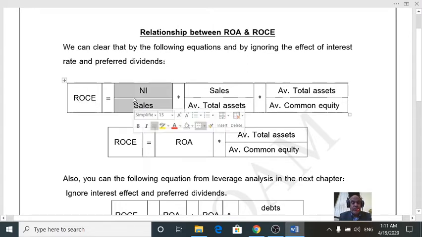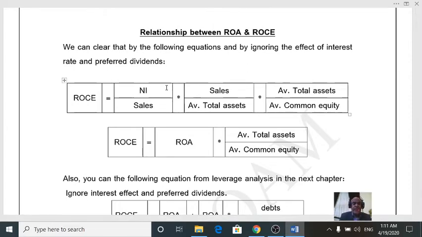The first component is the profit margin ratio, the second is the total assets turnover ratio, and the third is the equity multiplier ratio. So these are the three components of the return on common equity ratio.